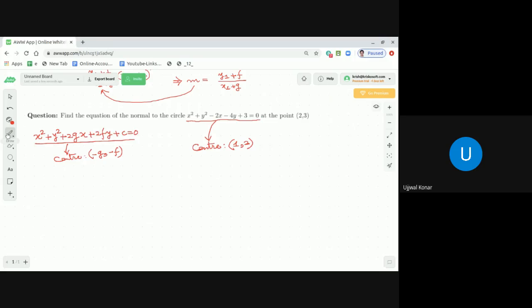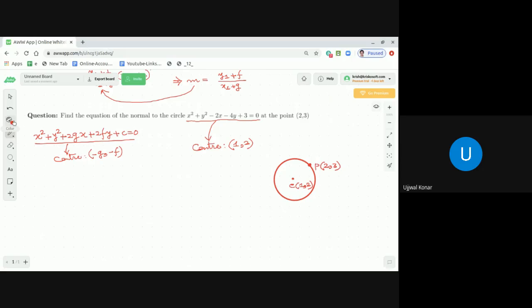Now if I give a visual representation of this, how does it look? Suppose this is a circle. Sorry, it doesn't look much like a circle, but yes, that looks like a circle. Suppose this is a point P whose coordinate is 2 comma 3, and this is the center of the circle, whose coordinate is 1 comma 2.